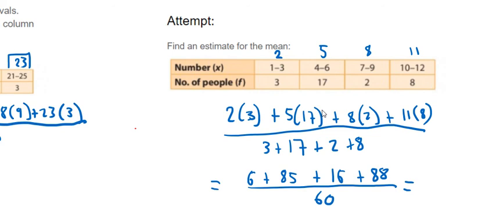So I'm getting 3.25 here. So 3.25 would be my estimate for the mean.